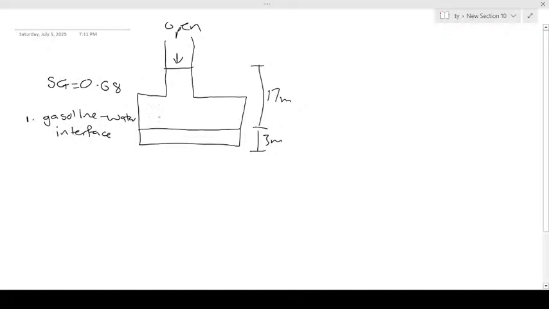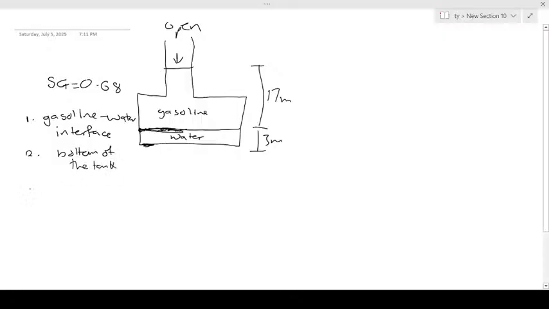So this is the gasoline and this is the water. At this interface, they're asking us to find the pressure at that point. Next, they're asking us to find the pressure at the bottom of the tank.